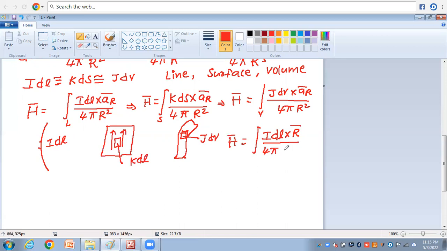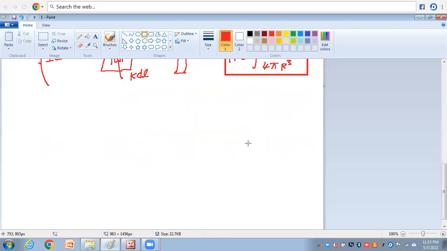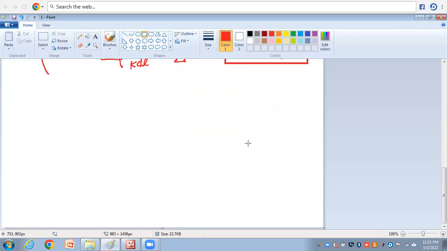Now r square is converted to r cube because of the unit vector R bar by R. This is the final discussion. I will put a box around this final expression, the magnetic field intensity, very, very important.